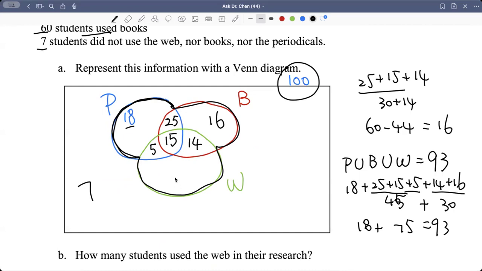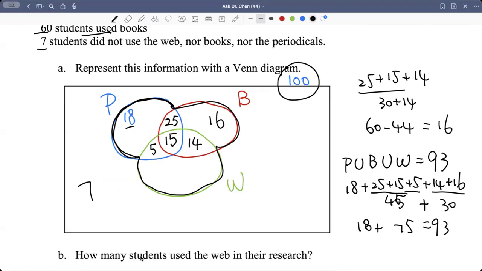So how many students only use the web? 0. Right? So nobody only uses the web. So that's why that's 93. So how many students use the web in the research? Let's just add those 3 numbers.